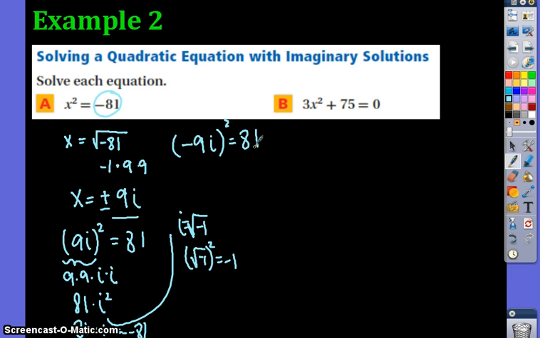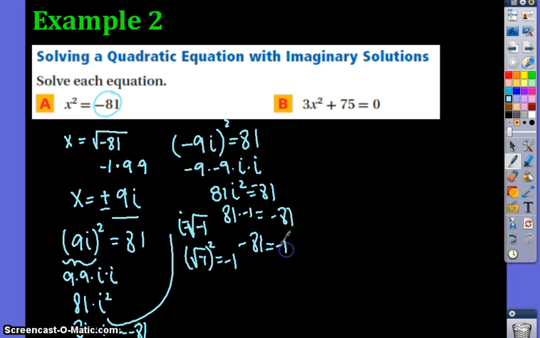That's really a negative 9 times a negative 9 times an i times an i. That would be a positive 81 times i squared. Remember, i squared is a negative 1. So 81 times a negative 1 equals negative 81. Negative 81 equals negative 81. Both of those check out.